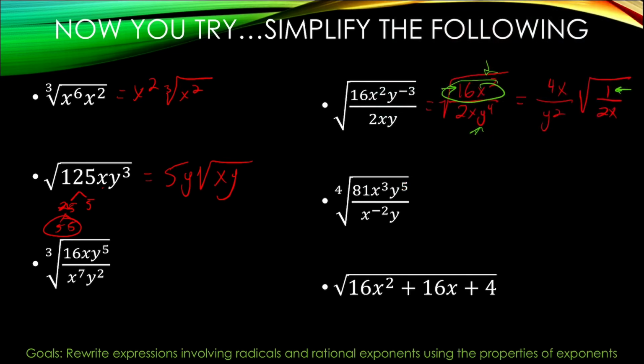Okay. So we get 81 x to the 5th. This is the fourth root of all this, y to the 4th. We're going to simplify here. So I get 3xy fourth root of y. There's my answer.